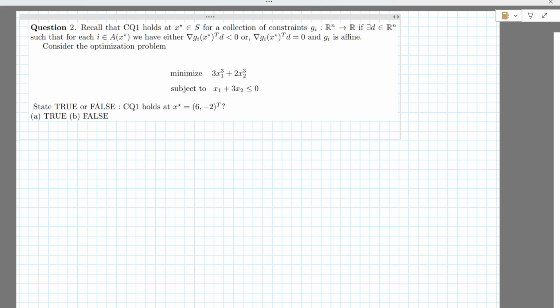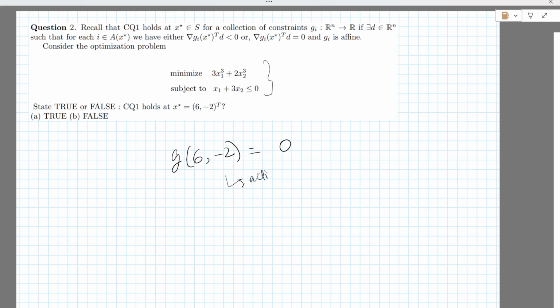Okay, so here the CQ1 is again redefined, and we are given this problem, and we are asked if CQ1 holds at x star. So most probably this is an active point. If you look at g(6, -2), you have this is equal to 0.